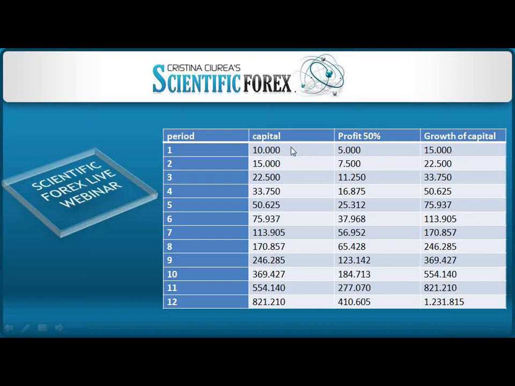After the first month we make 50% profit, so we will have 5,000 in profit. In the next month, our capital will be 15,000 and 50% will be 7,500. So our capital will be 22,500.